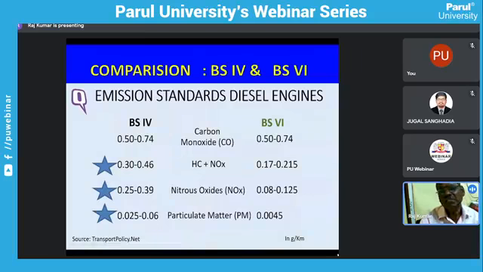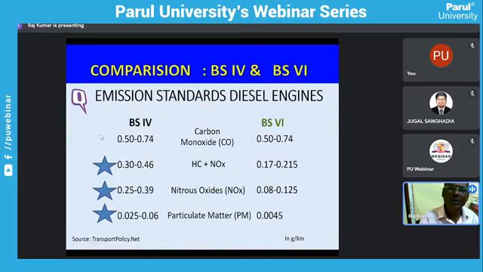Regarding the difference between the two stages, BS4 to BS6, we have bypassed BS5 because the problem of pollution is so much that we had to bypass it. So directly we have jumped from the BS4 stage to the BS6 stage standard.